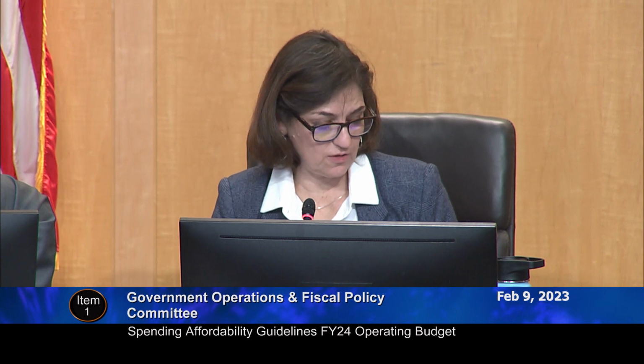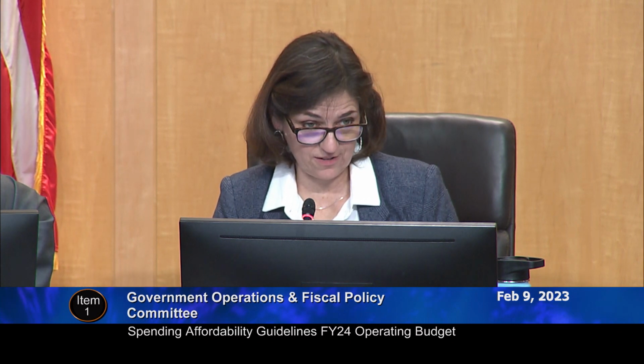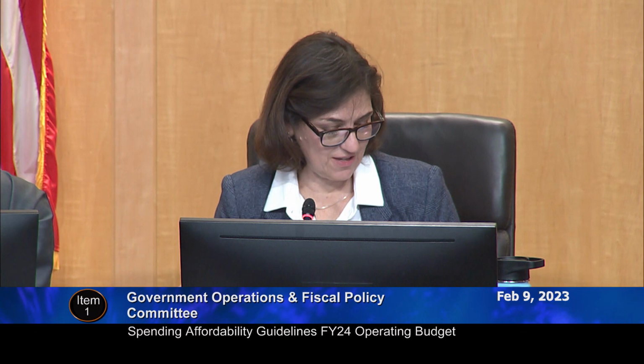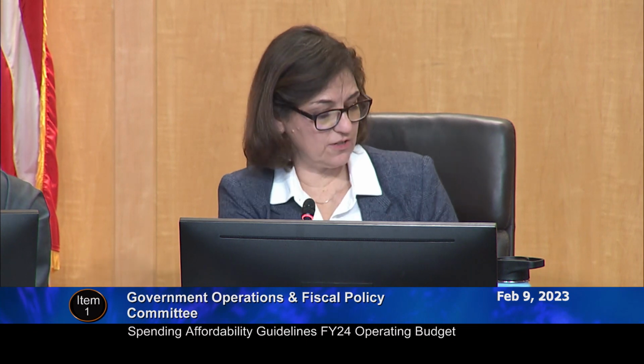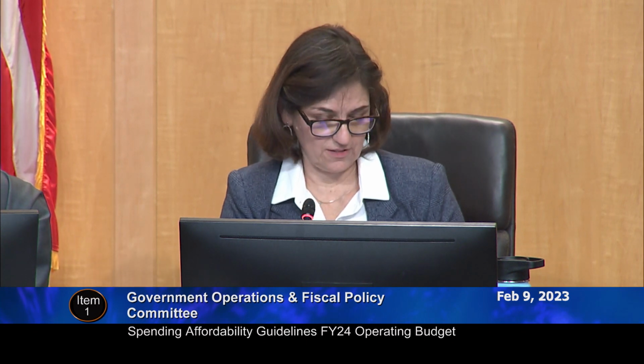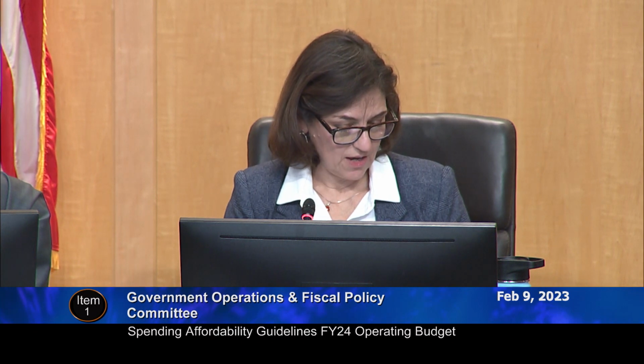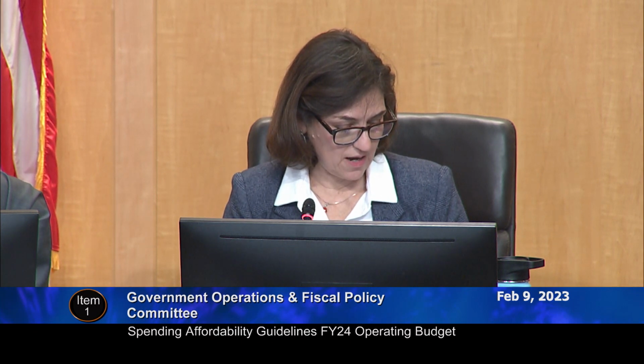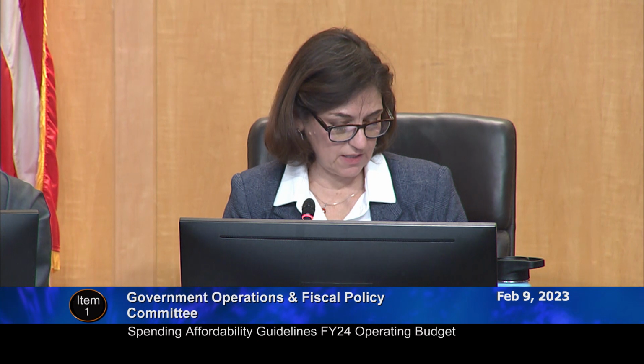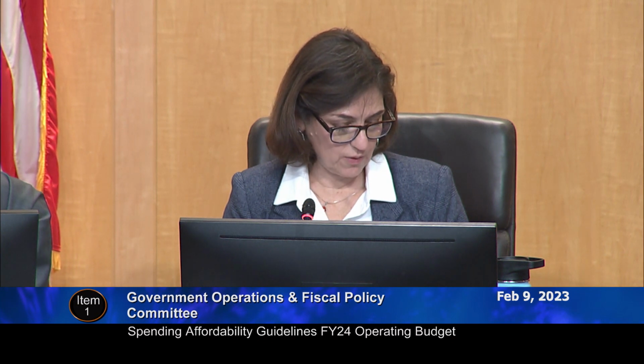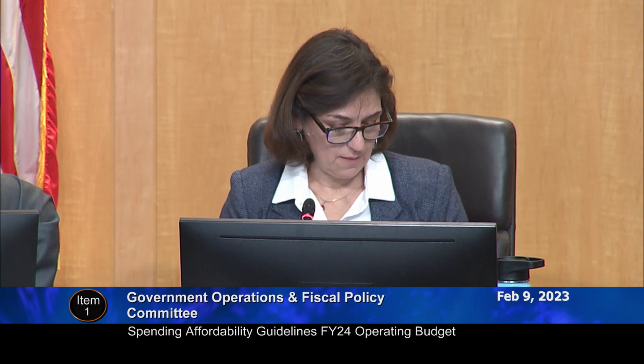PAYGO would increase to approximately 112.8. Thank you. I was going to do everything together, just as a package. Is that okay? And then we had OPEB allocating $62.6 million, consistent with the December 2022 update.